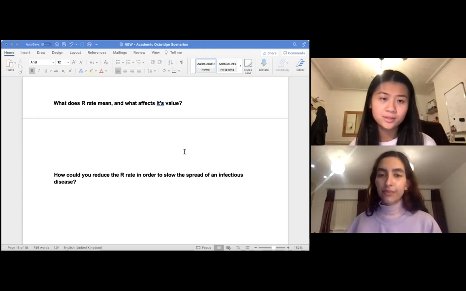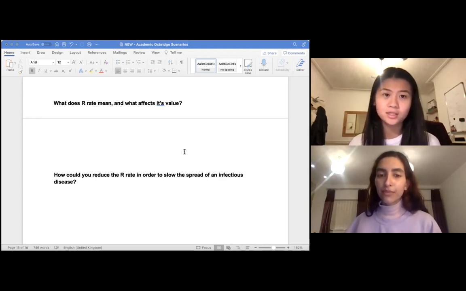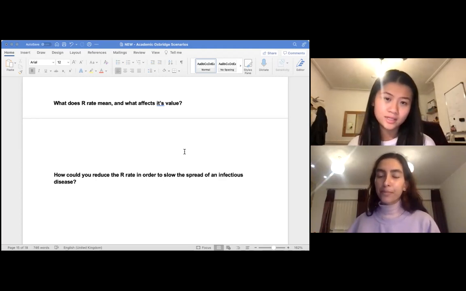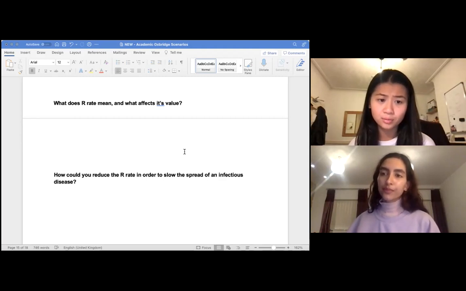I suppose a big thing that I would want to look for in terms of reducing the R rate would be to look inside hospitals and make sure that there's no transmission going around there, because people who are in hospital are already immunocompromised. And so I think any kind of barriers that are put into any social setting should be amplified when it comes to a hospital setting.